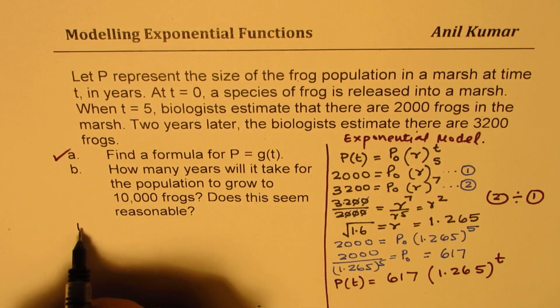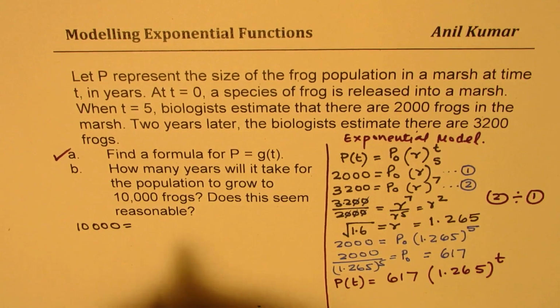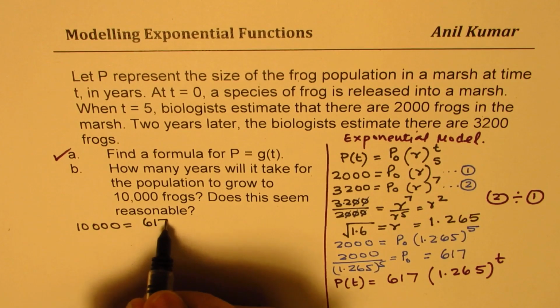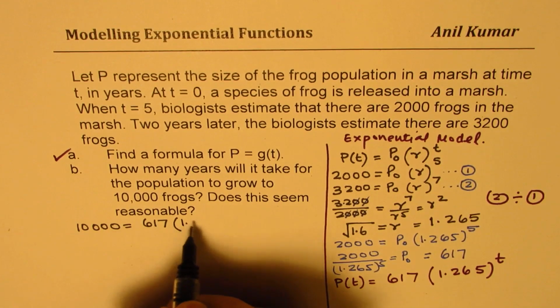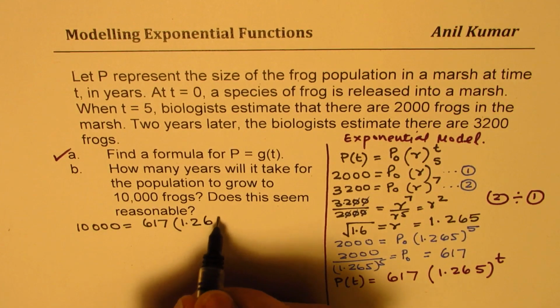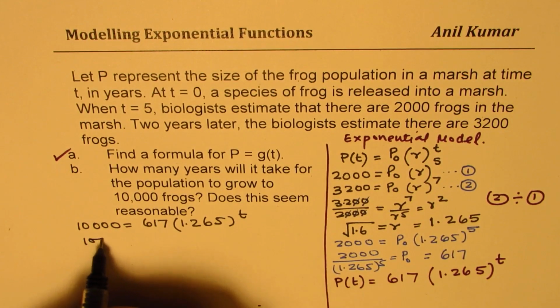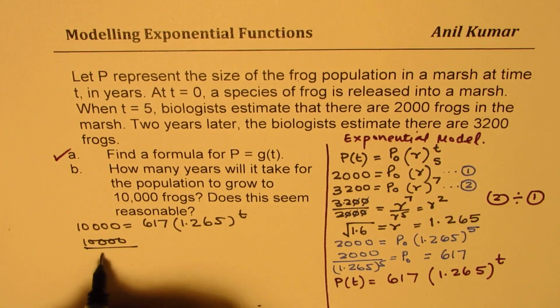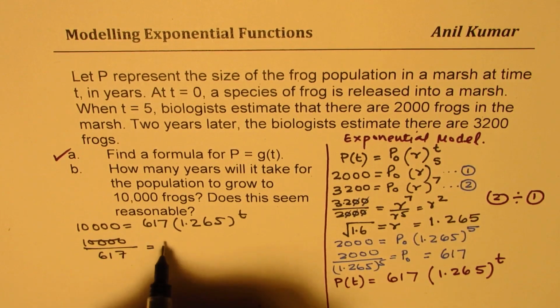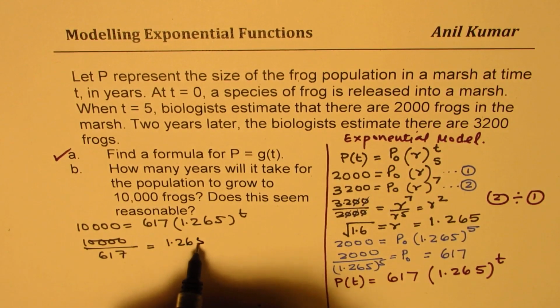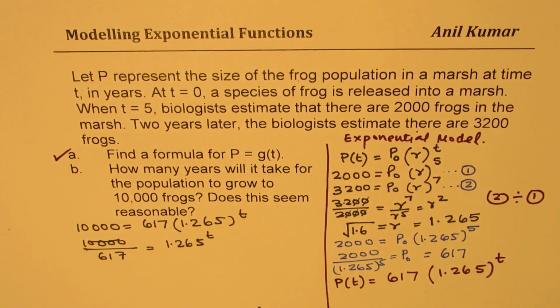So 10,000 is equal to 617 times 1.265 to the power of t. So we'll divide by 617. So 10,000 divided by 617 equals 1.265 to the power of t. Now we can take log both sides and then solve, right?